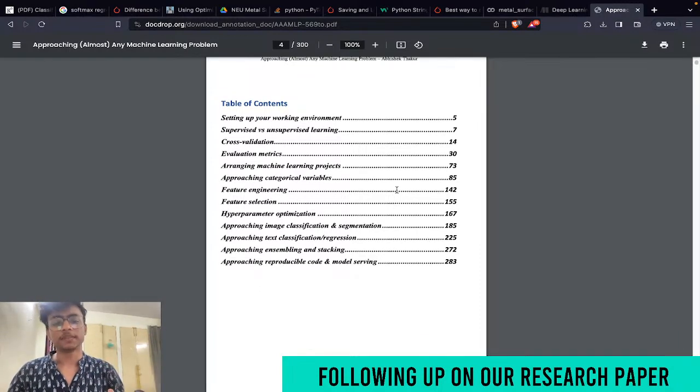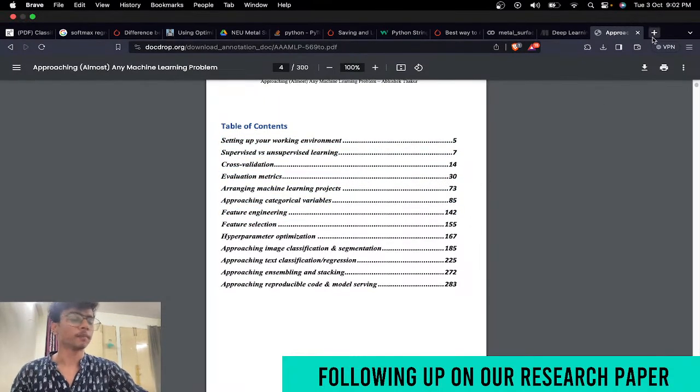It basically is a hands-on book. It tells you how to solve problems when it comes to machine learning and how machine learning is actually used in different competitions and real life problems on Kaggle. You will learn how to approach image segmentation, classification tasks, text segmentation, classification, ensembling, stacking, reproducible code, model serving, feature selection, feature engineering, all of the skills that are necessary for a machine learning engineer.